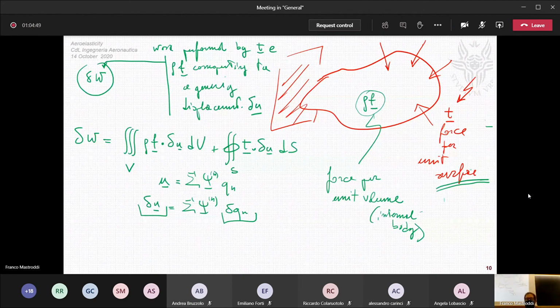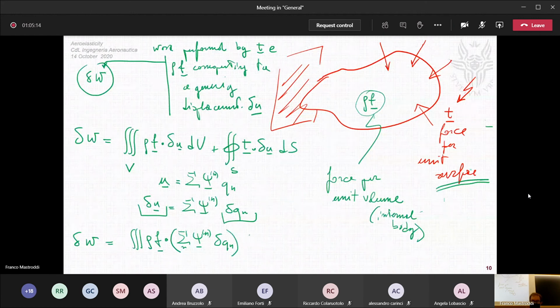Then substitute inside, and you have that delta W, the job, is equal to the integral of rho f dot the summation of psi m delta qm dv plus the integral of t dot the summation of psi m delta qm ds.